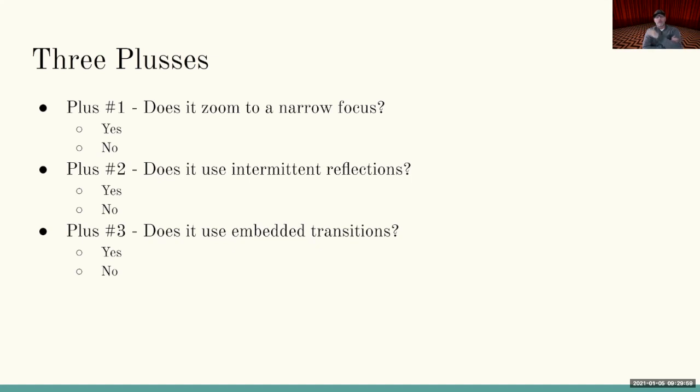It can move from location to location, but it's unified by one specific task or goal. So the first plus is you're looking to see if it has a narrow focus. Number 2, does it use intermittent reflections?